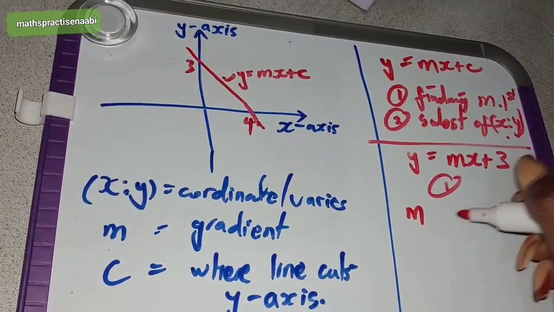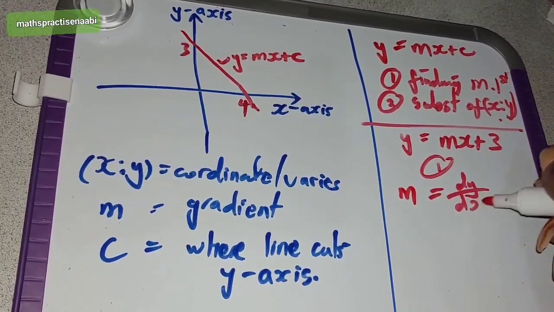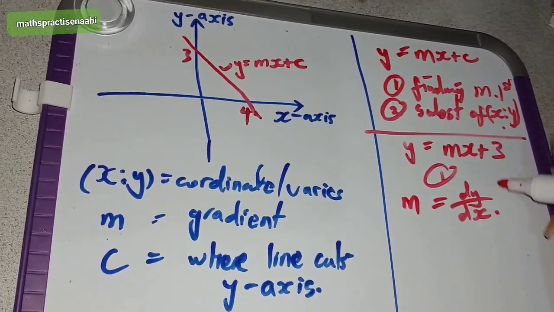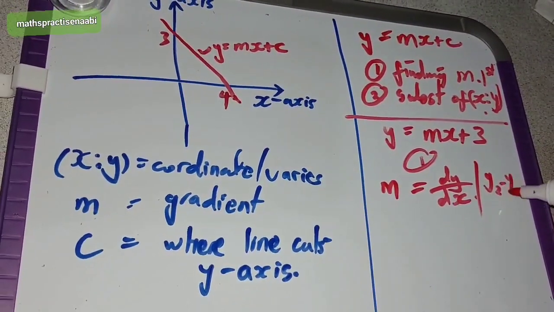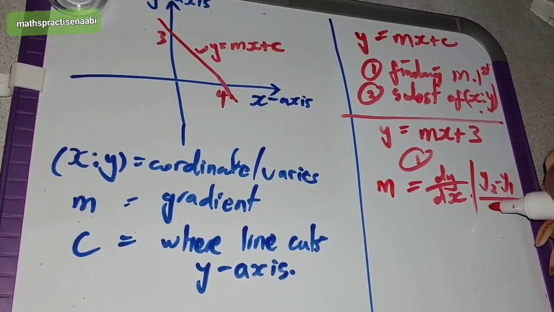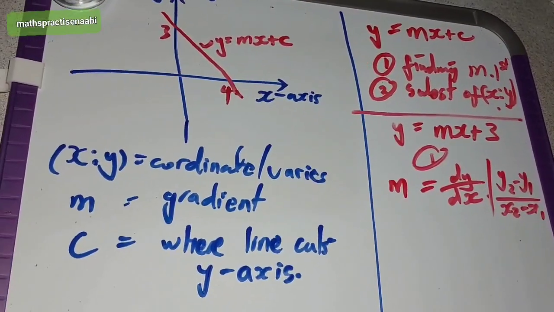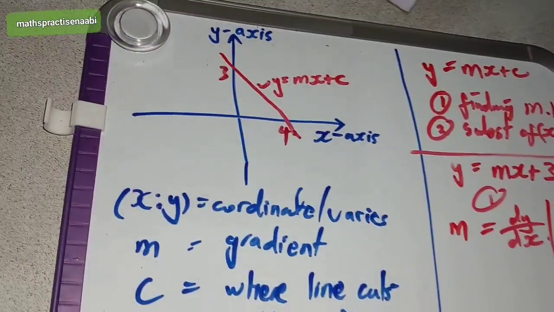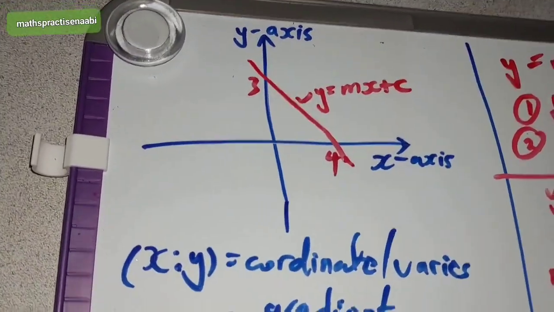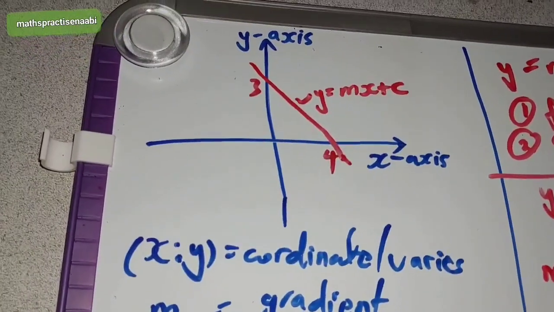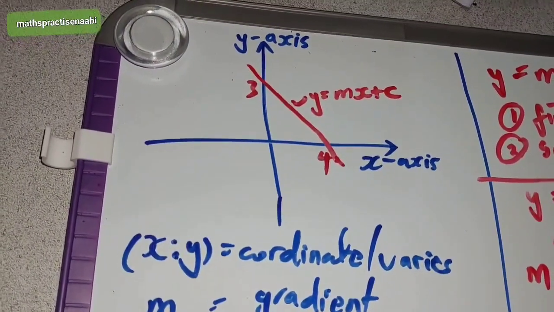So gradient m is equal to change in y over change in x, or y2 minus y1 over x2 minus x1. Okay, that's gradient. But if you look at our equation here, the simplest way to find gradient is, we said gradient is dy over dx, right?